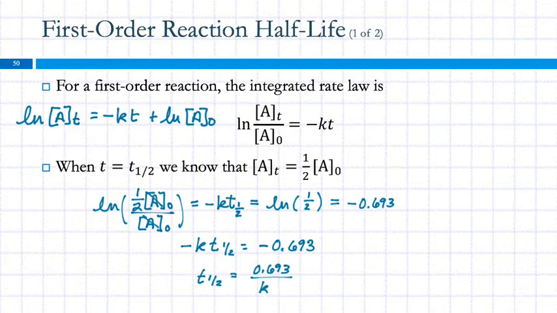So why did you put the 1/2 on the T? I put the 1/2 on the T because this is the time after 1 half-life. At 1 half-life, this is true, that the concentration at that time is half of the initial. It's the definition of half-life.